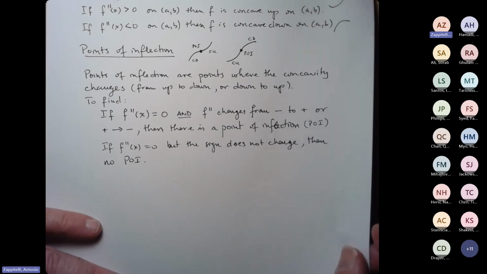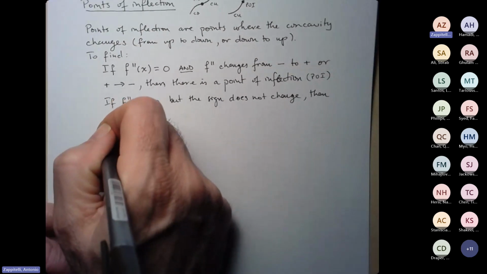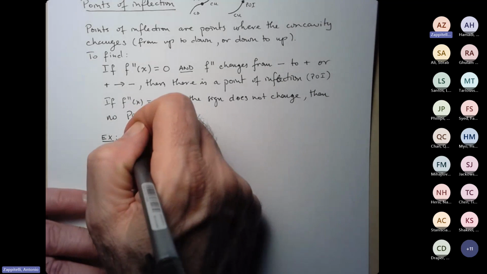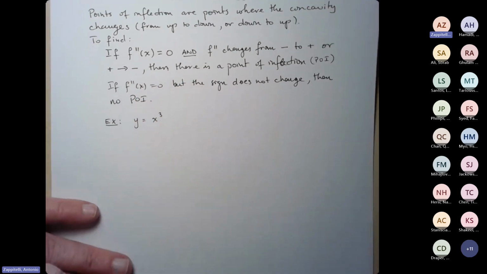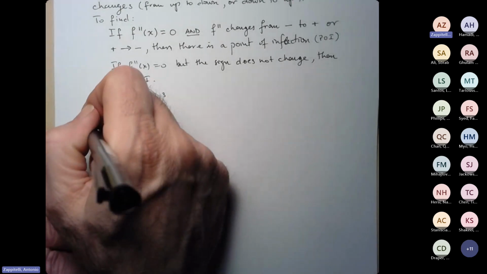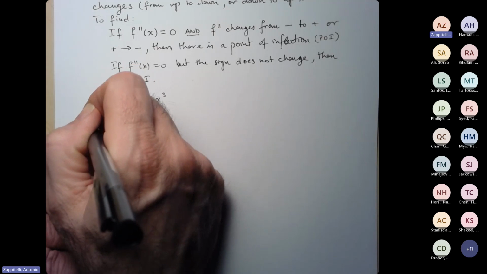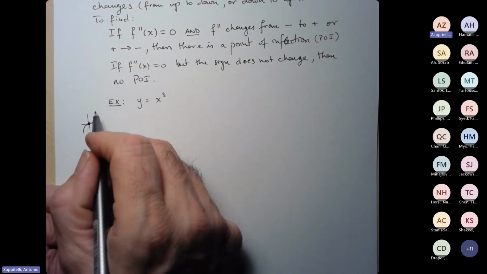And let's look at two easy examples. Okay, and I'm going to take functions where I know if there's a point of inflection. Let's take y equals x cubed. Okay, now I should already know where y equals x cubed has a point of inflection. Hey, it's got one at 0, 0. Okay, because it goes from concave down to concave up.